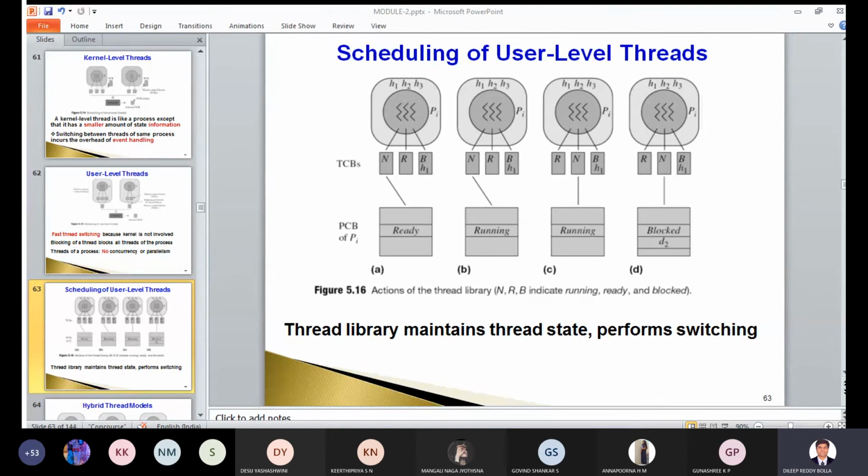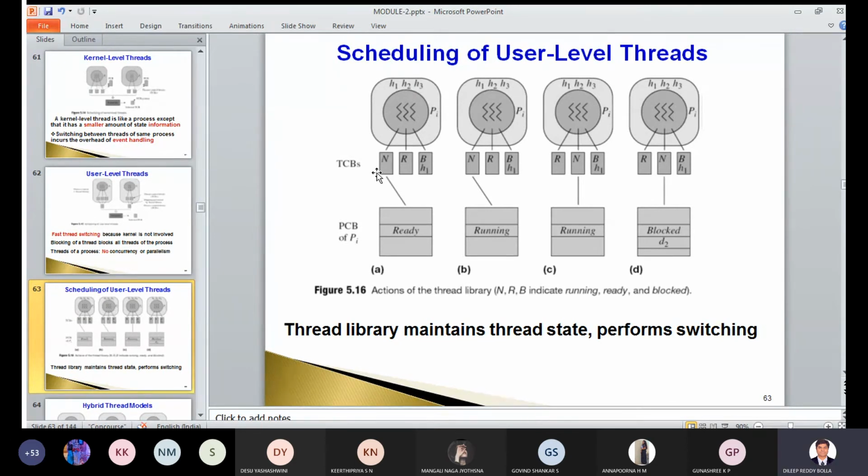You see the first diagram here. What is happening in the first diagram, A? We have a thread called H1. Thread H1 is in running state and process P1 is in ready state. How do we know? The process P1 is ready, and thread H1 is in blocked state as of now, but when you connect this N to it, it is in running state.